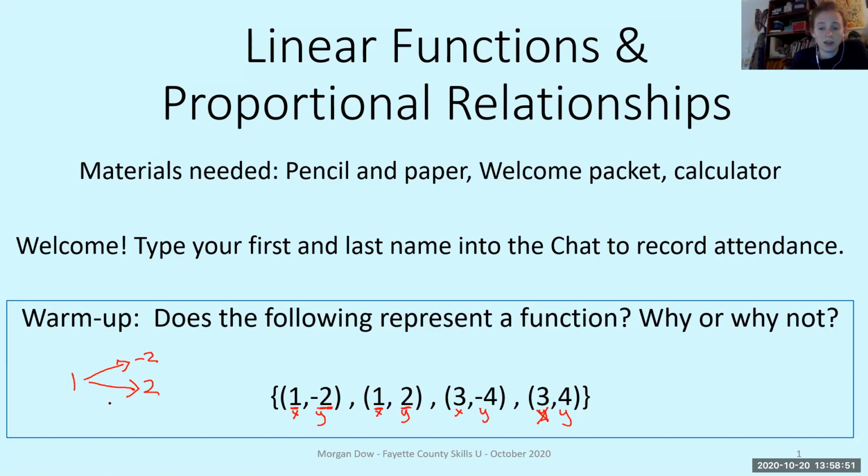And then actually the same thing is happening again with 3, right? We've got an input of 3 that's giving us an output of -4 and an output of +4. So this relation does not meet the definition of a function. So no, it does not represent a function because each input has more than one output.